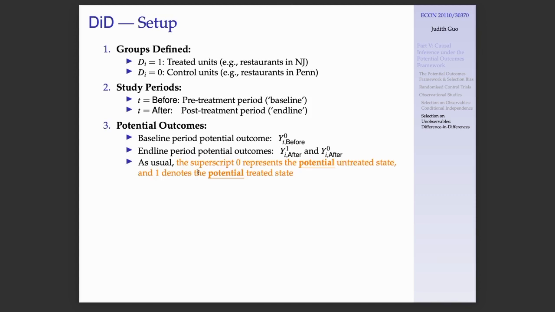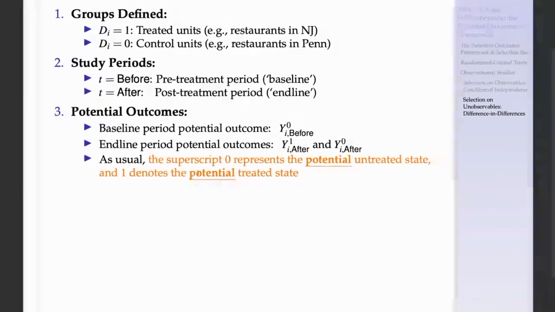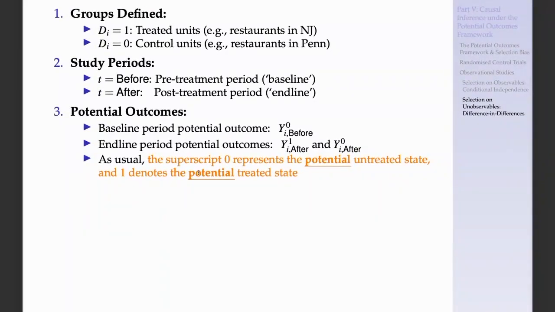Then, accordingly, we'll have more potential outcomes compared to before, where we don't really have an additional time dimension. So now we have the baseline potential outcomes as well as the end line potential outcomes. And remember, the superscripts represent the potential state. They're not the actual treatment status.